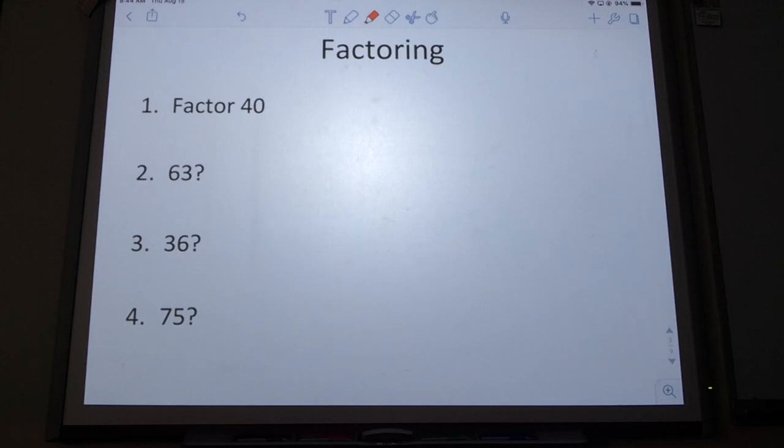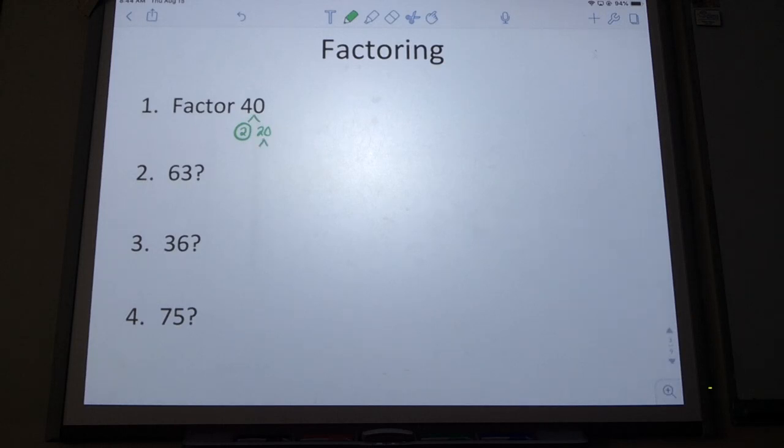But I try to pick a prime number so that only one side needs to be split. Okay, so like 40 can be split into 2 and 20. So then that 2 is already prime. We can circle it and not think about it anymore. If we split it into 4 and 10, we'd have to split the 4 into 2 and 2, and then split the 10. So now we can deal with the 20.